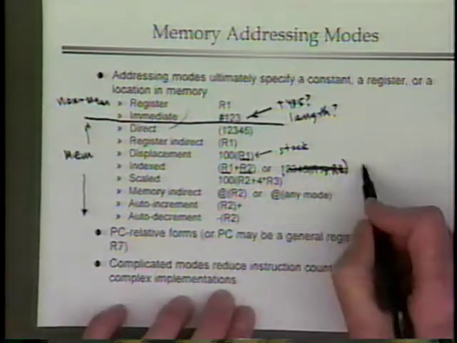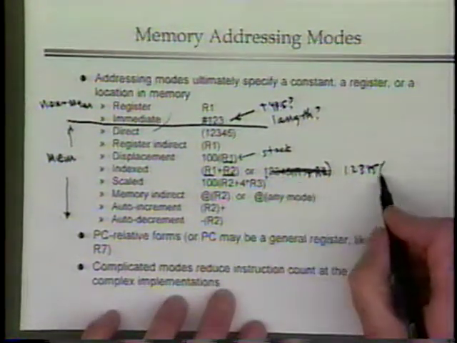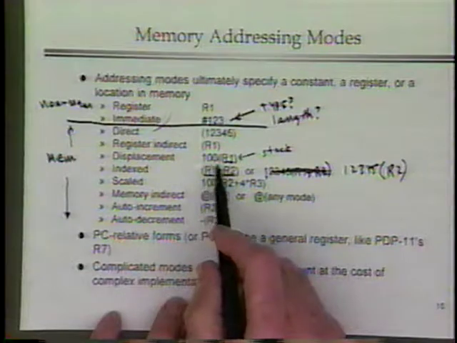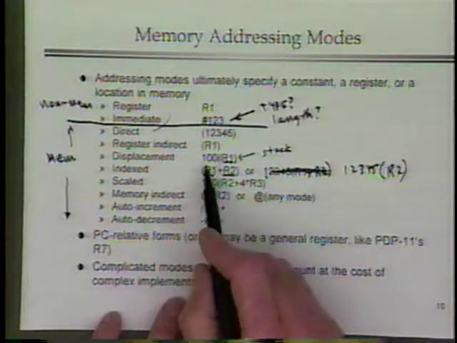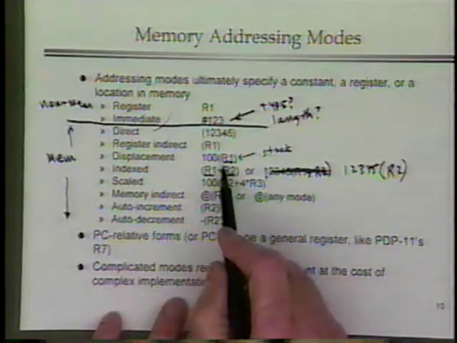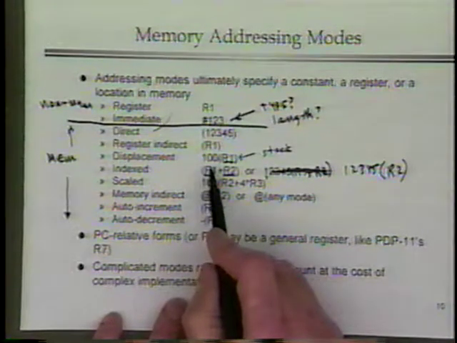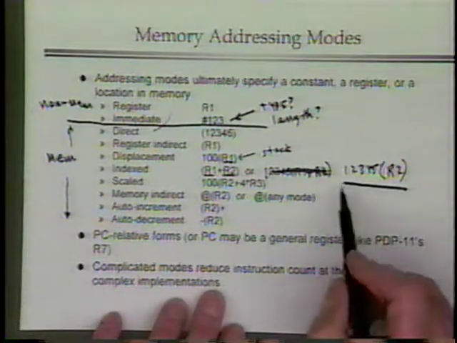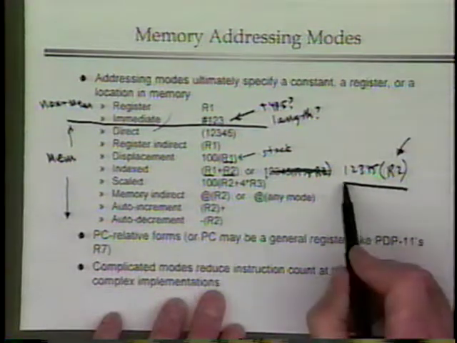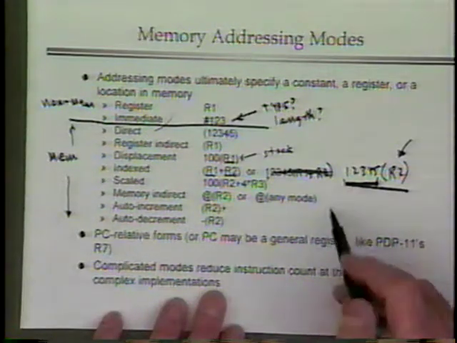What I had originally written here was a large constant meant to refer to a memory address and then index that memory address by R2. One of the questions about displacement form addressing is how big can that displacement be? Is that simply a small constant indicating an offset off of register 1, where register 1 is really pointing to the memory location? Or can that displacement be as large as a memory address, in which case you get this form, where you're adding what probably is a smaller number, an index in R2, to a larger number, which is a constant in the instruction, which is the base memory address of that variable.